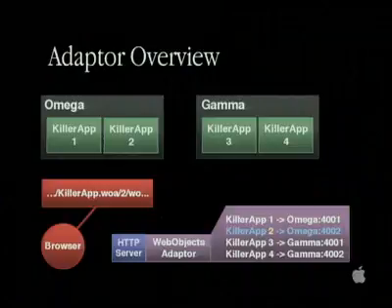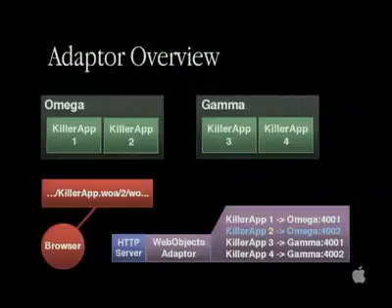So here's an overview of what's happening with the adapter. Your client browser is making a request. It already has a session. That request is received by your HTTP server. It notices that it's a request to a WebObjects application and is configured to pass that to the WebObjects adapter to be handled. The WebObjects adapter notices that it's a request to killer app, instance number 2.